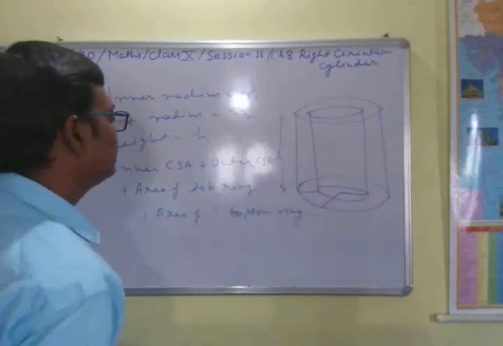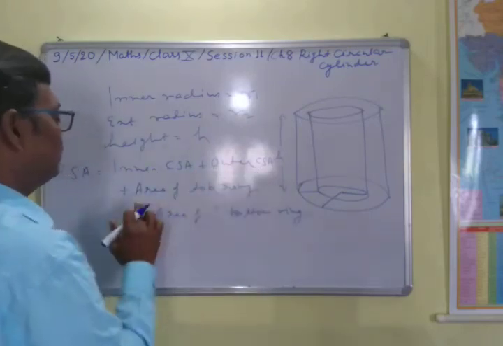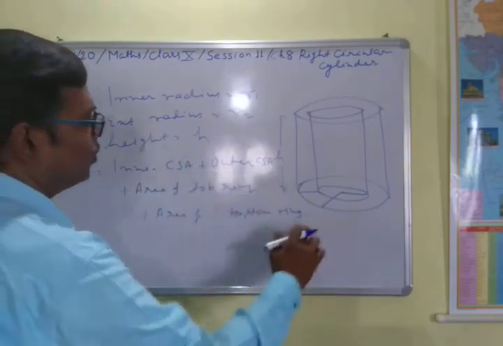In this case, this is the bottom here. So we will add all these: the inner curved surface area, the outer, then the area of the top ring and the area of the bottom ring.